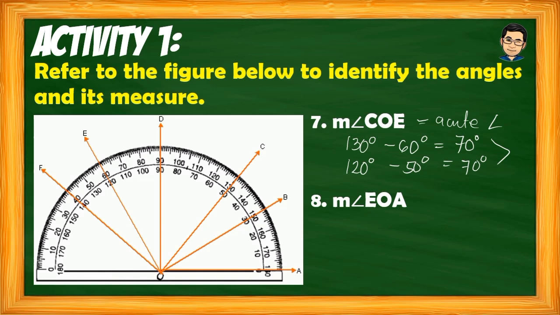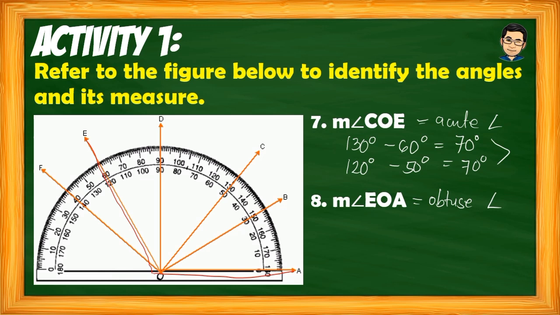Next, EOA. So, kitang-kita naman po sa EOA, ayan, EOA. Isa po siyang obtuse angle. So, since obtuse angle po yan, ang sukat niya is sa pagitan po ng 90 tsaka 180 degrees. So, since yung isang side naman niya, yung OA, nasa mismong ibaba, so kapantay ng guhit, so yung side EO po ang magiging indication po natin for the measure of the angle.